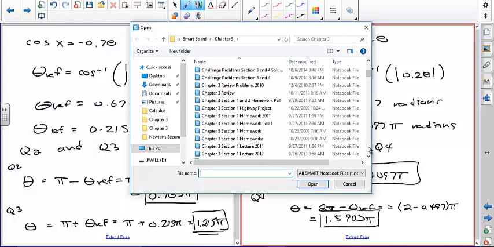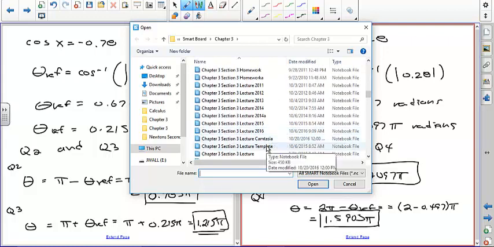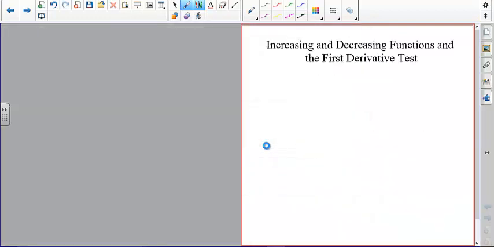Okay, we're going to move on to section 3 now because we finished everything. So in section 3, we're going to talk about tests to determine whether a critical number is a local minimum or maximum or neither one of them.